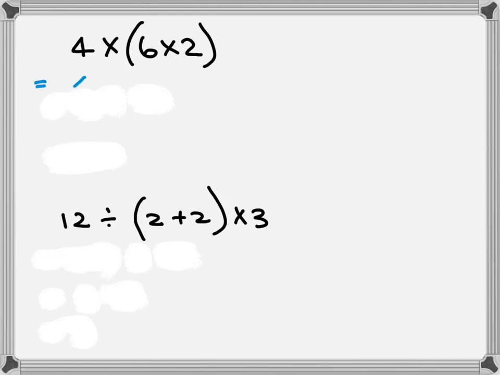That's going to be equal to 4 times, and what's the answer of 6 times 2? 6 times 2 is 12. Right, now we're going to go on to the next line, and we're going to solve 4 times 12, and that is 48. 4 times 12 is 48.